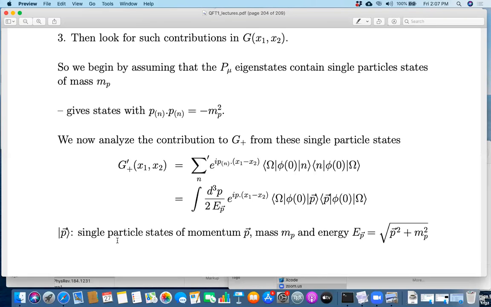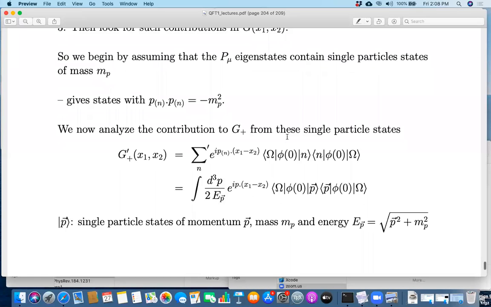So this denotes a single particle state of momentum p, mass m_P, and energy given by E_p. Okay, are there questions? Is this clear to everybody so far? Okay, so let me proceed from this.